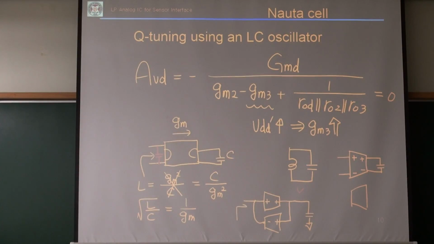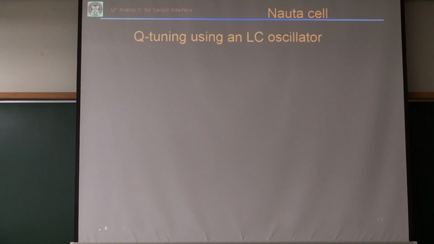Yeah, this is my gyrator, right? GM. I have a non-inverting transconductor and an inverting transconductor. What's the differential version? The differential version of this gyrator can be, yeah, I have a differential version.